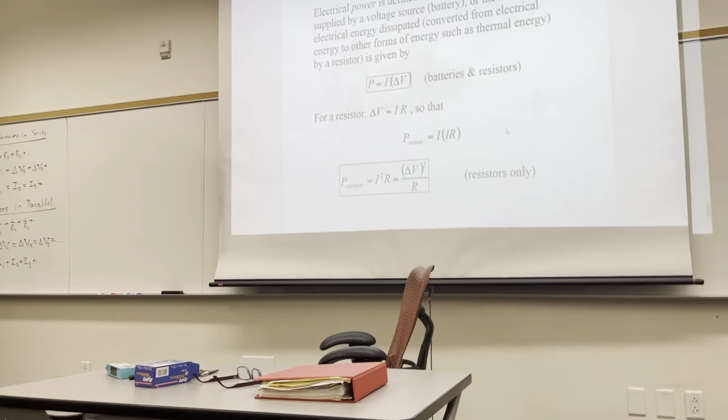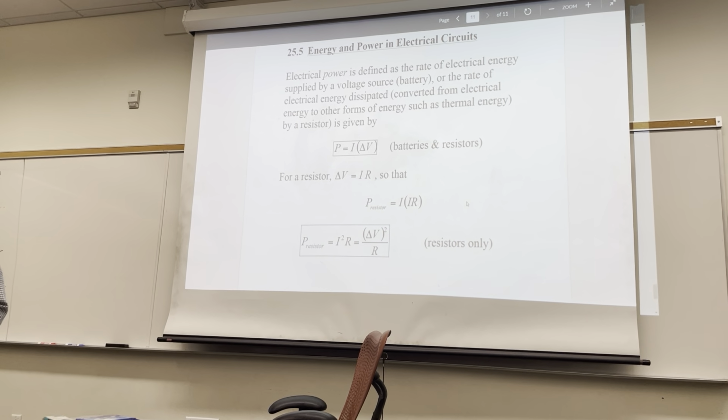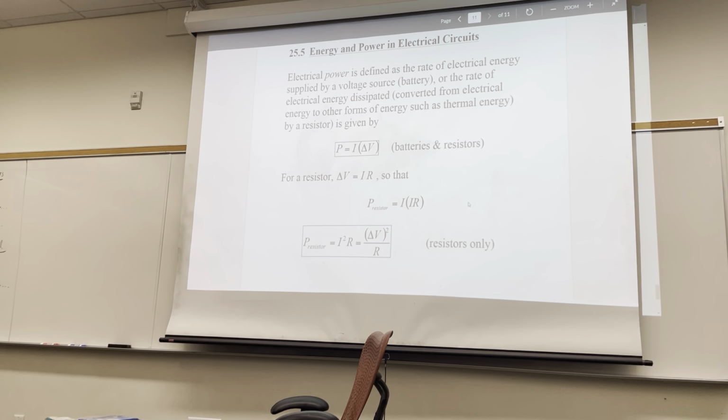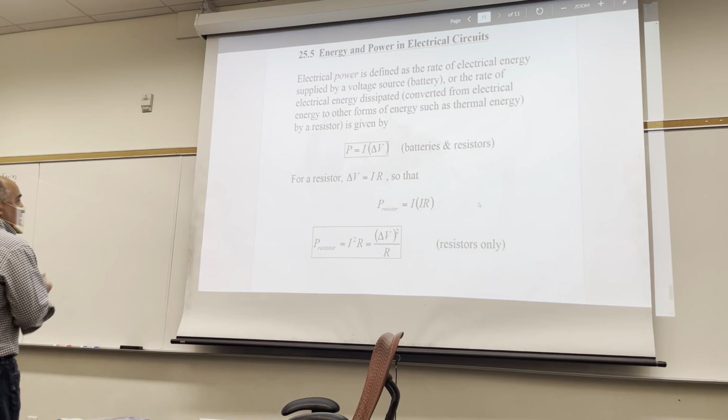So what are the formulas for power supplied by the source and power dissipated by a resistor? So we have the following, right?